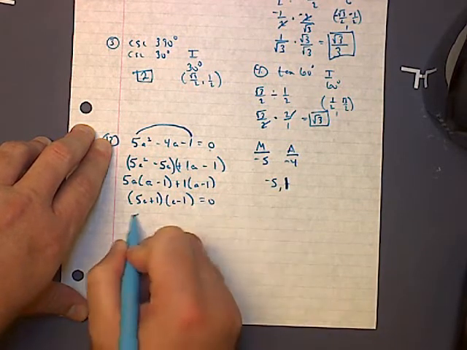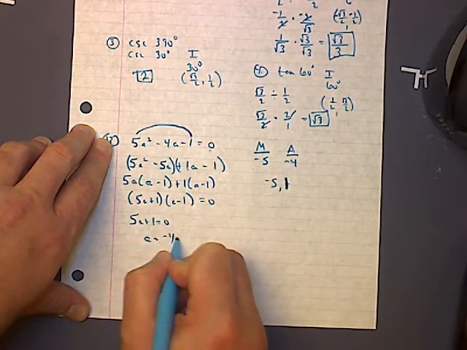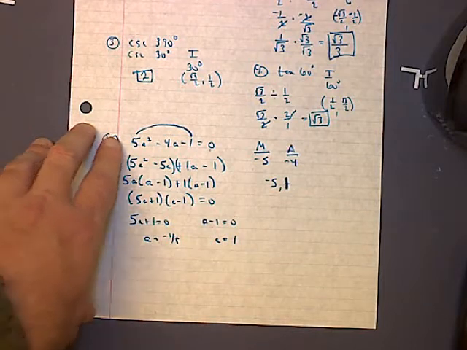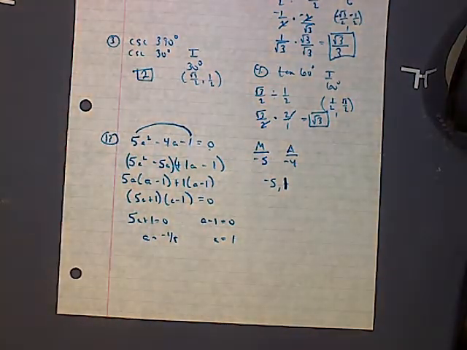I'm going to set both of them equal to 0. When you do that, you get negative 1/5 and 1. Take a moment to look at that.